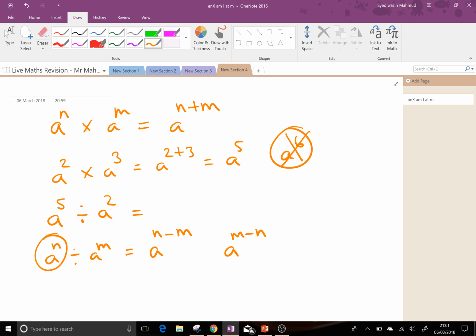Over here, n comes first, so you're going to take away m from n. Now let's have a look at this example here. A to the power of 5 divided by a to the power of 2 would be a to the power of 5 take away 2, which is a to the power of 3. Okay. So just to recap, when you times, you add the powers. When you divide, you take away the powers.